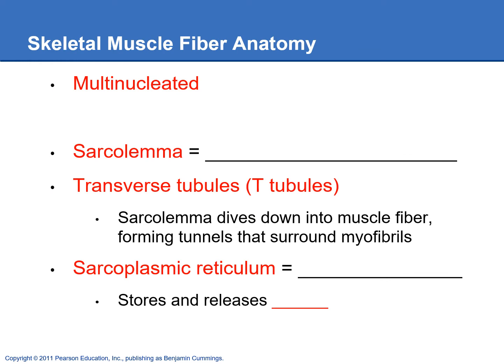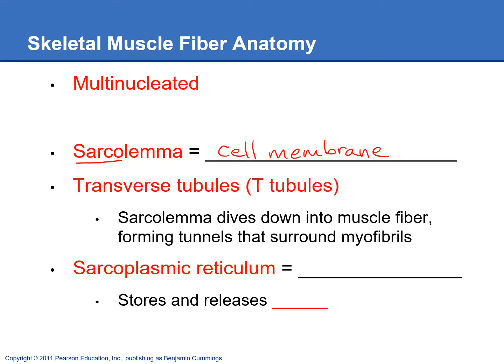And then we're going to just change the names of some things. I'm sorry they do this, but the sarcolemma. The sarcolemma is just what we're going to now call the cell membrane of the muscle cell. So sarco means flesh or muscle, and then lemma means covering.